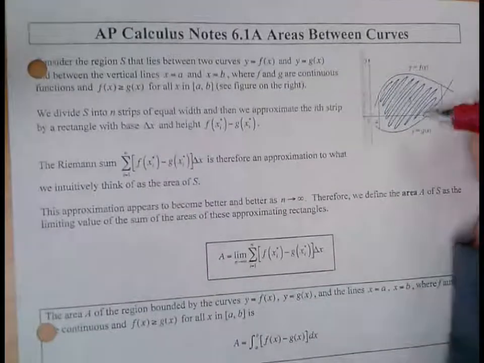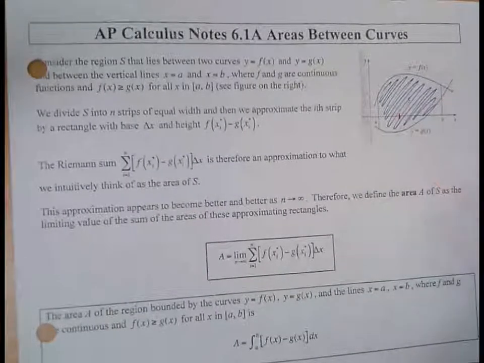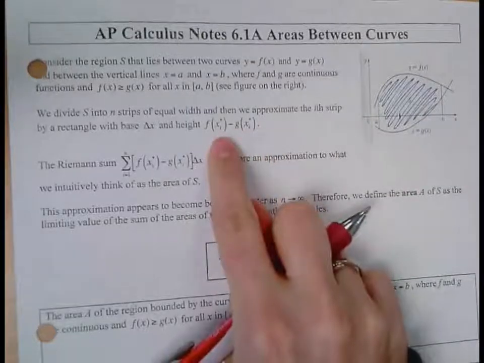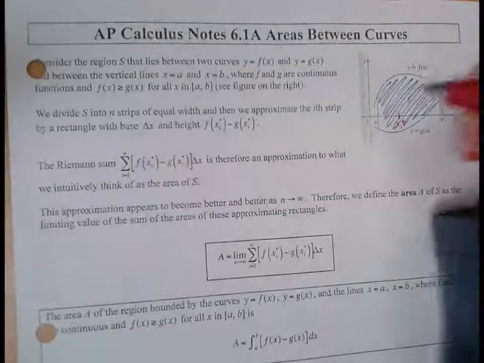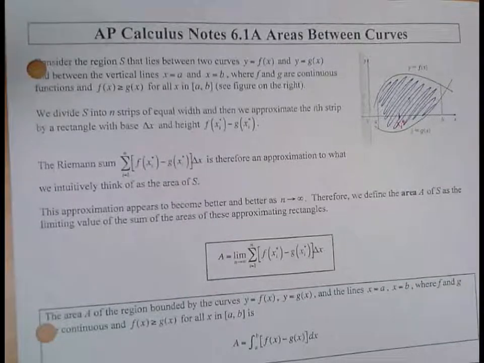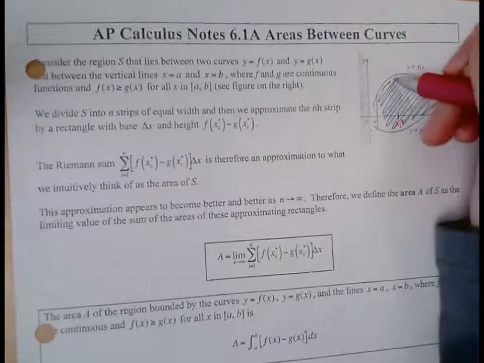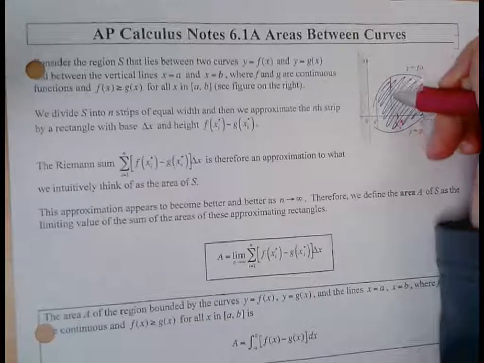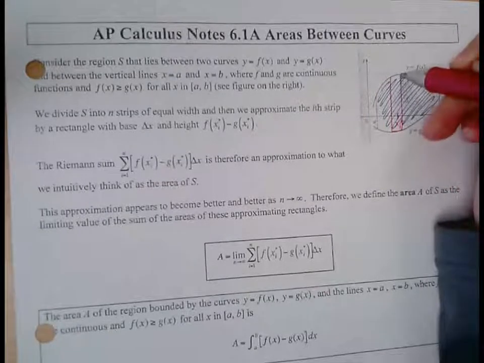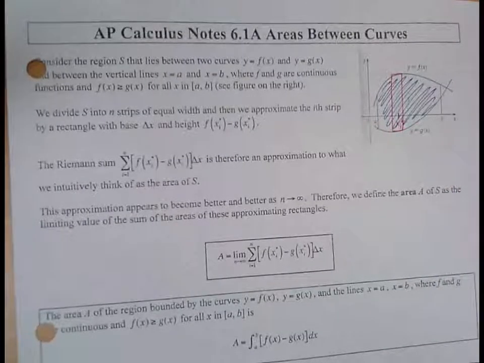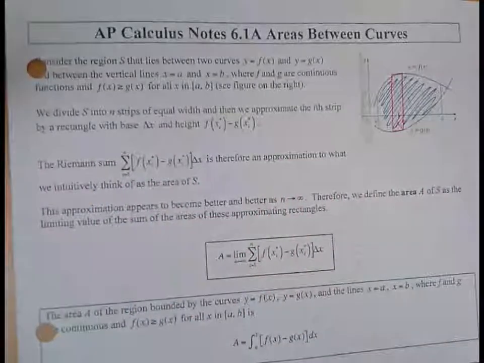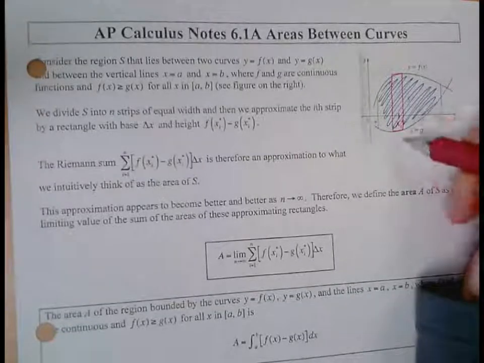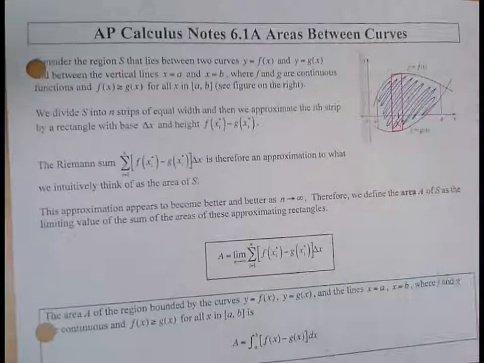At this x value, when they use x sub i star, just remember that represents a sample point. It could be the right endpoint, the left endpoint, the midpoint of an interval, or any x value within a certain interval. I'm just going to draw one approximating rectangle, but that's what this is talking about. So you're dividing S into n equal strips and finding the areas of those rectangles to approximate it.